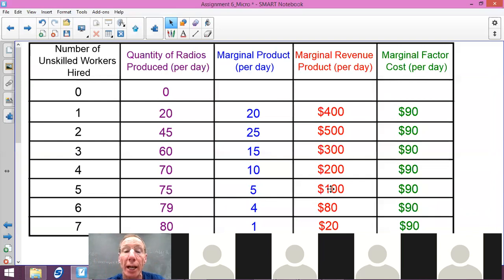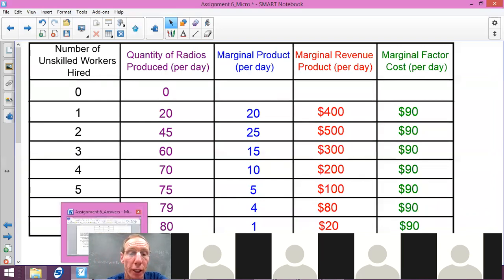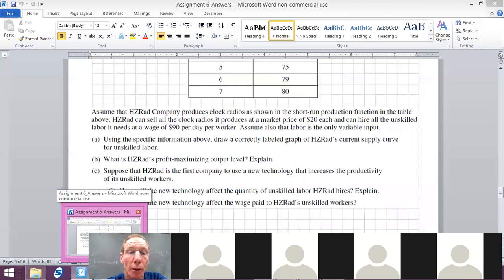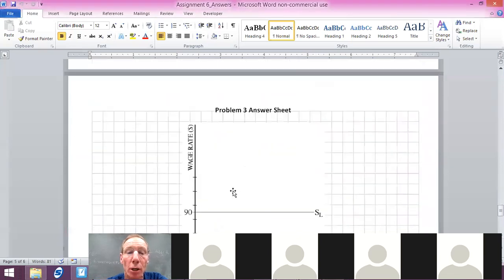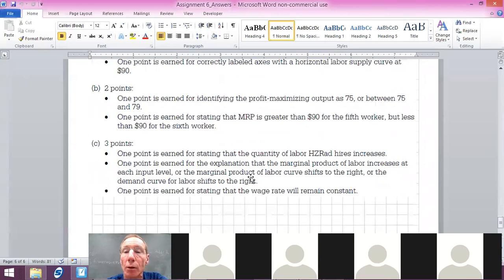So she is bringing in more than they're costing. So we would hire 5 workers, okay? Now, you don't have to do this for the problem, but I want to show it to you anyway, because I think for the problem, if you're doing this on an exam, you just have to explain it, okay, right here, like I just did, okay?